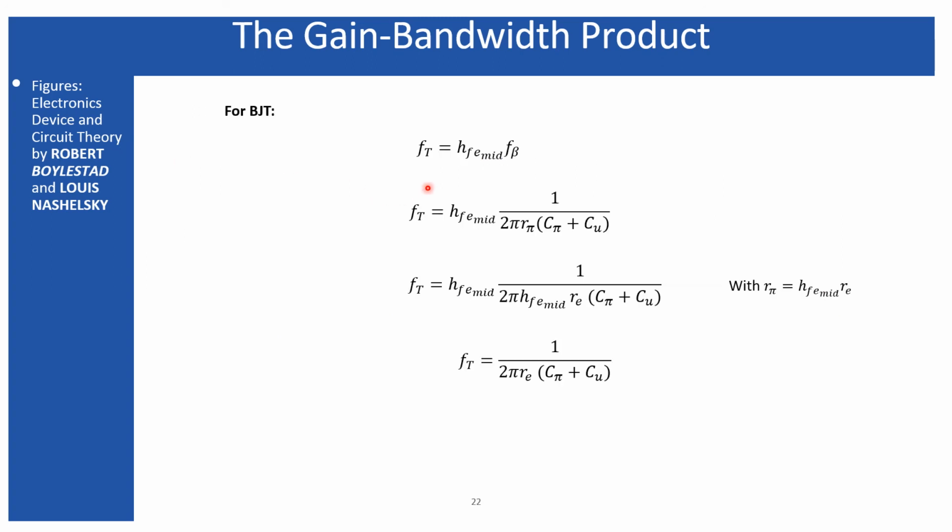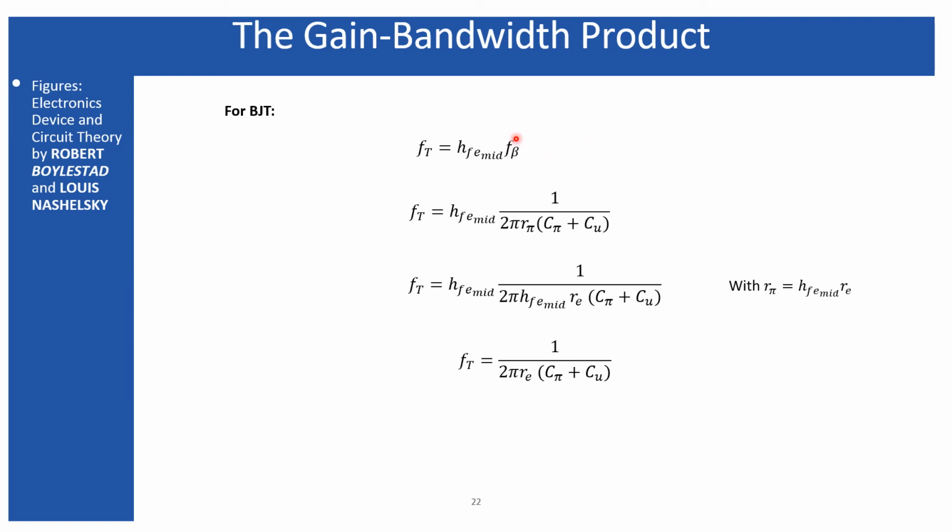In the case of bipolar junction transistor, that unity gain bandwidth ft can be written as the product of HFE mid times the F beta, which defines the bandwidth due to the frequency dependency of the HFE. Here I am not considering the cutoff frequencies associated with the parasitic capacitors and the wiring capacitors, because in general the F beta, that means the cutoff frequency due to the HFE, appears at much lower frequency than the cutoff frequency appearing due to the parasitic capacitors and the network capacitors what I have discussed.